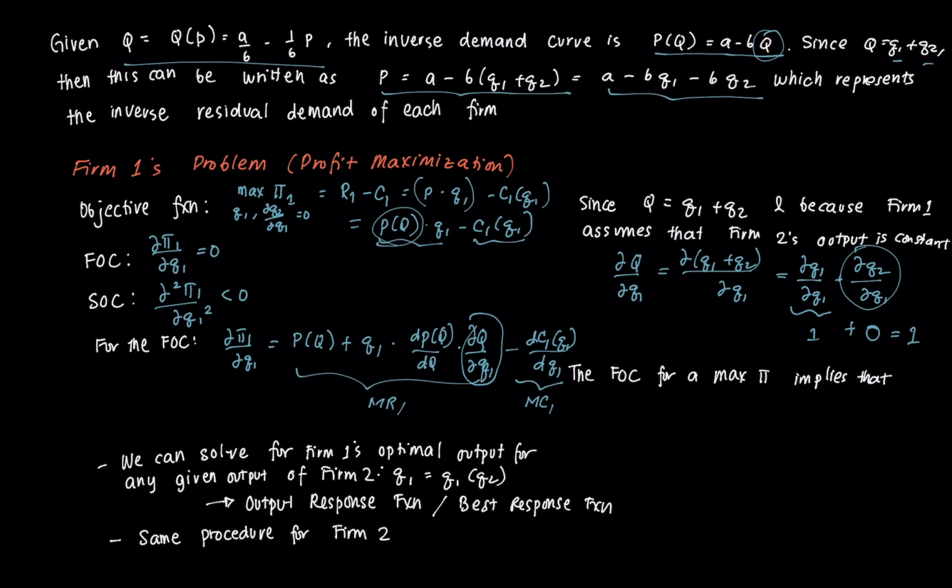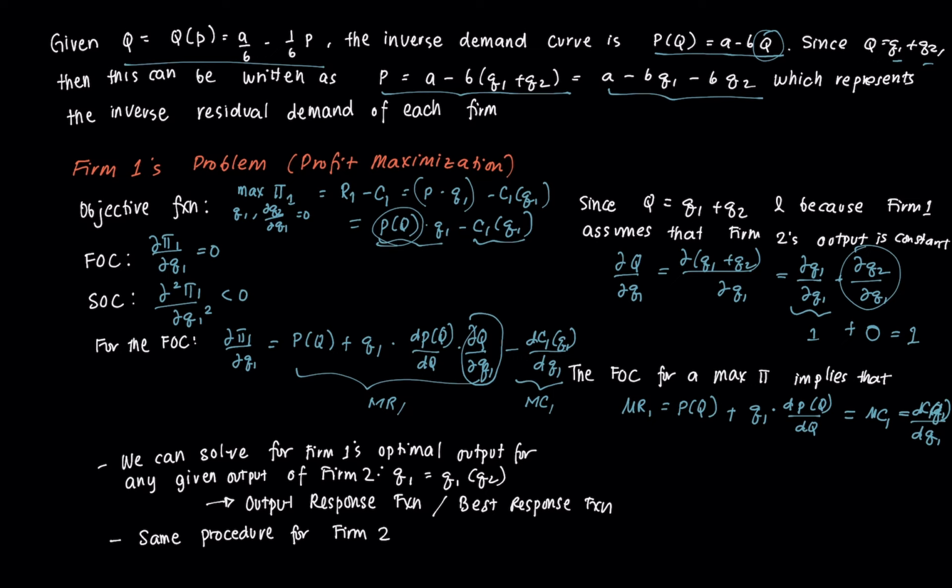So the FOC will essentially reduce to MR1, which is equal to P(Q) plus Q1 times dP(Q) over dQ, times 1. That should be equal to marginal cost 1, which is dC1(Q1) over dQ1, right?